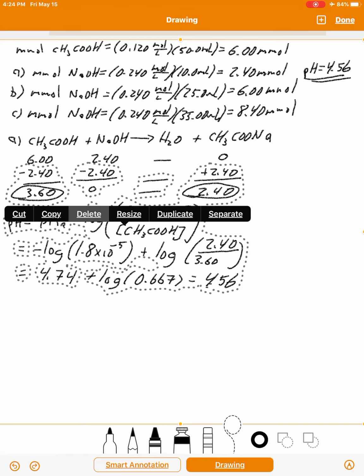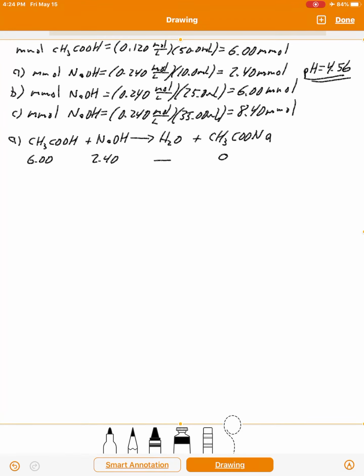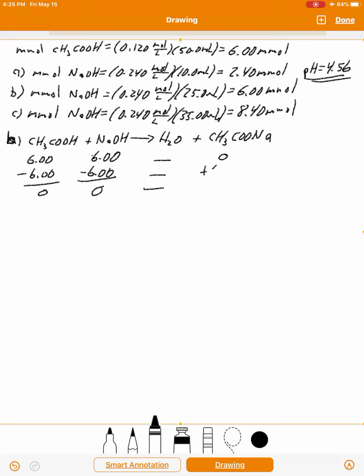There we go. Okay. In part B, the number of millimoles of the sodium hydroxide is no longer 2.40, it's 6.00. So that means that we have stoichiometric amounts of reactants. So they're going to be 0. So once this reaction is complete, we have 6 millimoles of the sodium acetate.